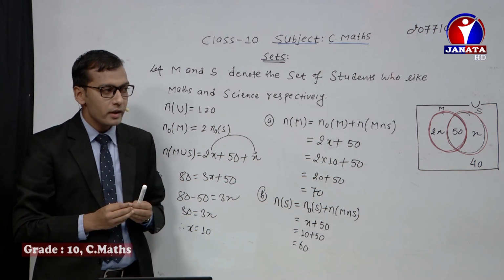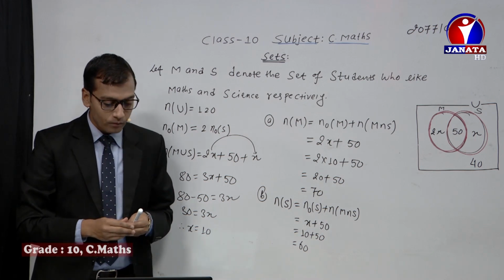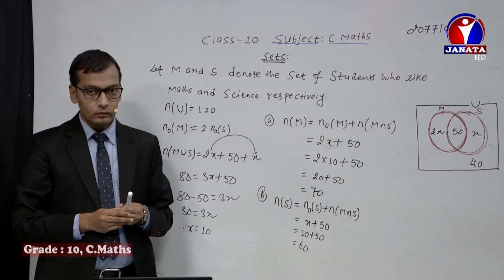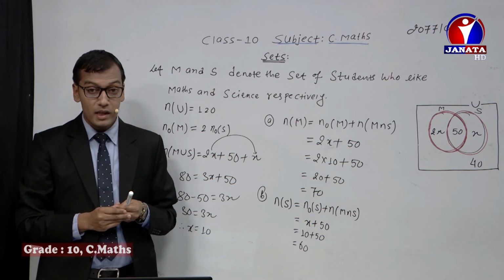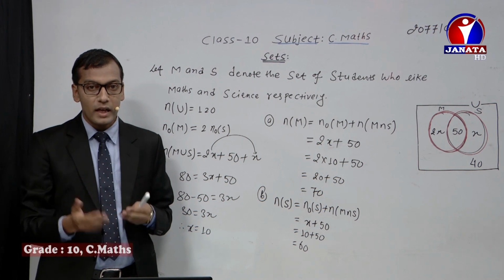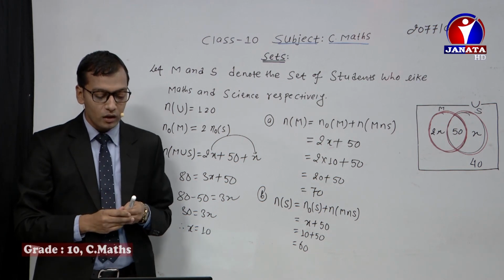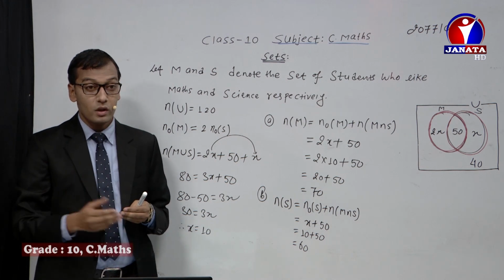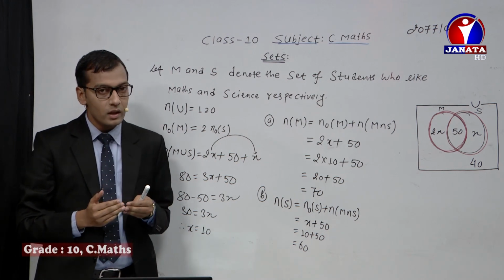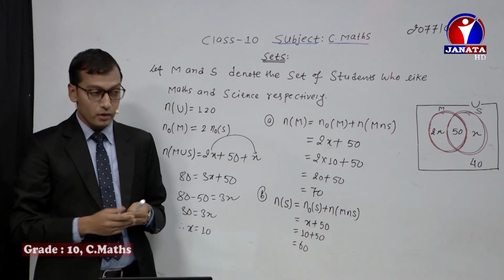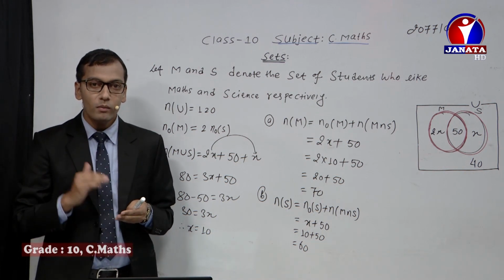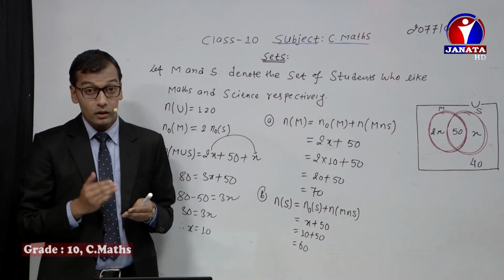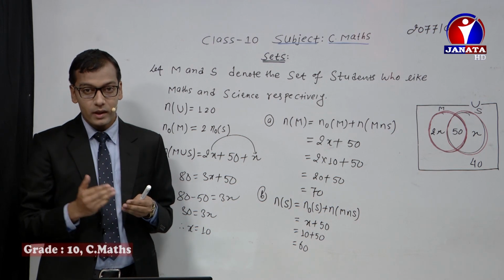So this third question is conceptual. Now, what is the meaning of at least one subject? There are two subjects mentioned in the question, mathematics and science, and we are asked to find the number of students who passed in at least one subject. The meaning of at least one is minimum one subject. Students must pass minimum one subject, but they can pass two subjects as well.